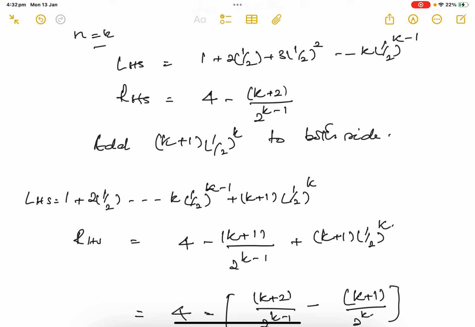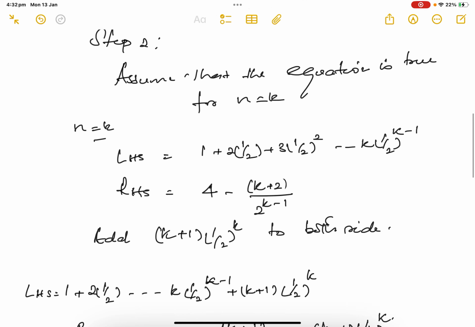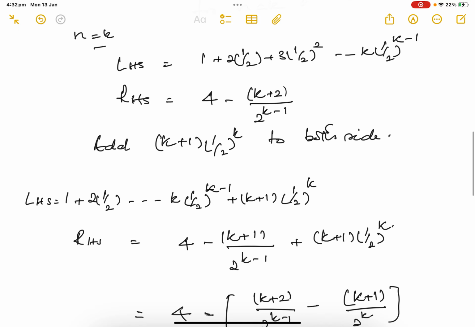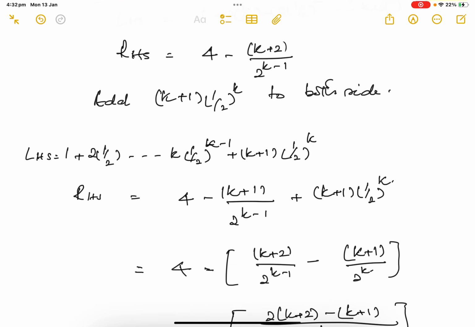What we need to do now is prove that this is true for n equals k plus 1. The term after the k-th term, the (k plus 1)-th term, is k plus 1 times half to the power of k. So we add k plus 1 times half to the power of k to both sides of the assumed equation.